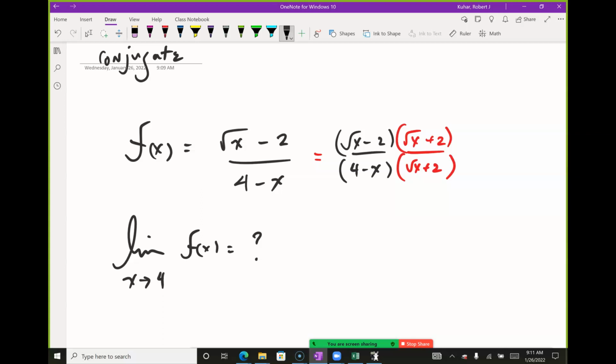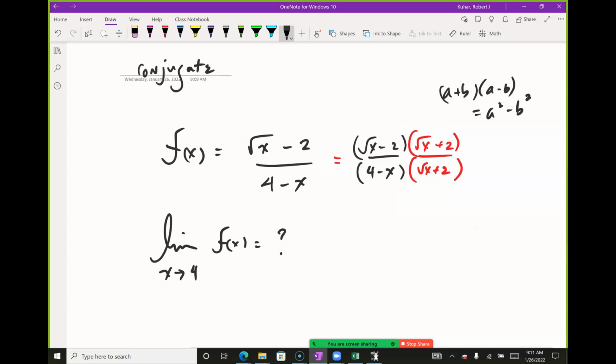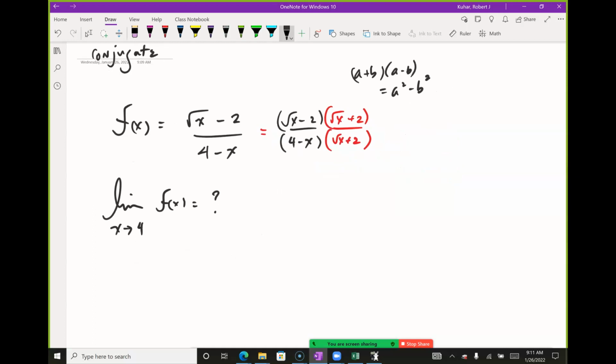I'm playing back to 8th grade, 9th grade. A plus b times quantity a minus b is a squared minus b squared, right? The middle terms drop out. And I get my first term squared minus my second term squared, which is what I want. I get square root of x squared minus square root 2 squared all over 4 minus x times square root of x plus 2.